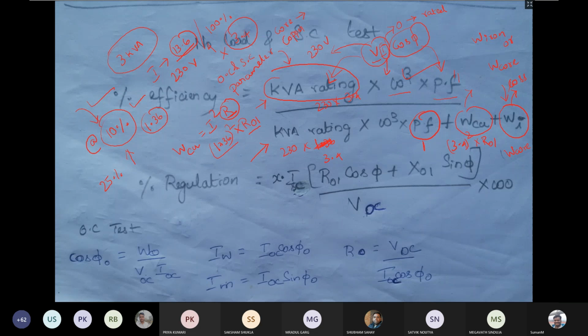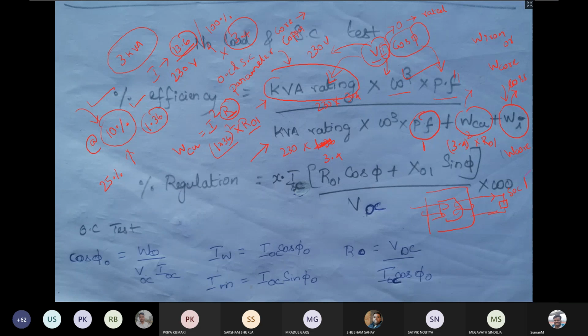We use those in this equation to find the efficiency of the transformer. Then, percentage regulation of the transformer. Suppose we have a transformer, and the current flowing through this path is increasing, that is, the secondary current, the load current, is increasing.